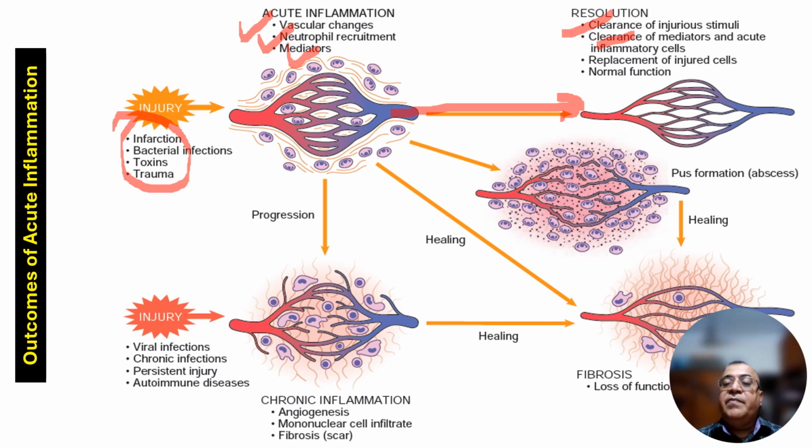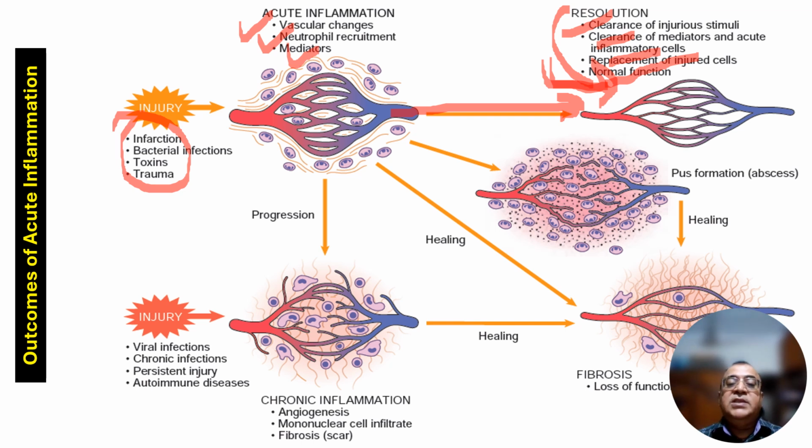There will be replacement of the injured tissue or cell, and the site or tissue attains normal function. This is also termed healing with repair. There is complete resolution and return to normal function.